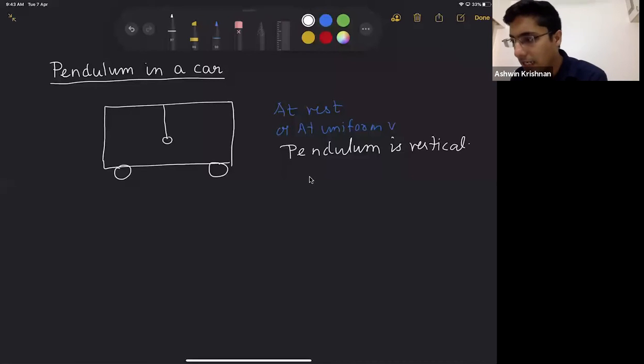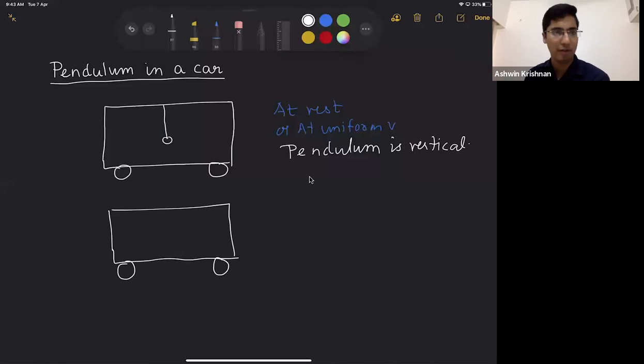But let's say the same pendulum is hung from the top and the car starts accelerating at a. Now what will happen? Now think of it. Now I have a simple question.